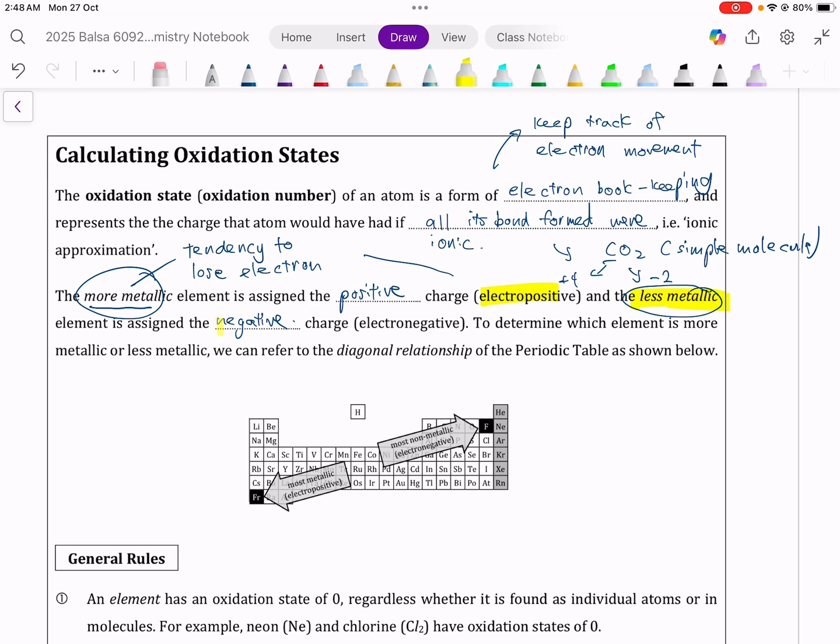Less metallic, negative charge; more metallic, positive charge. Metallic because of the tendency to lose electrons. Non-metals have a tendency to gain electrons.